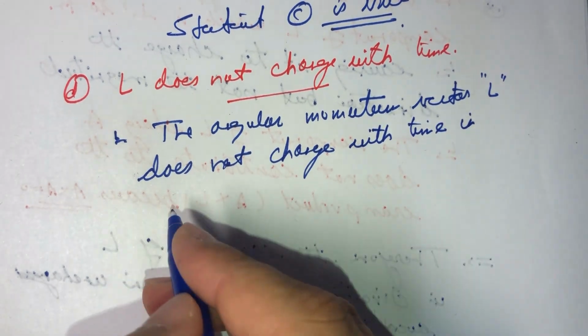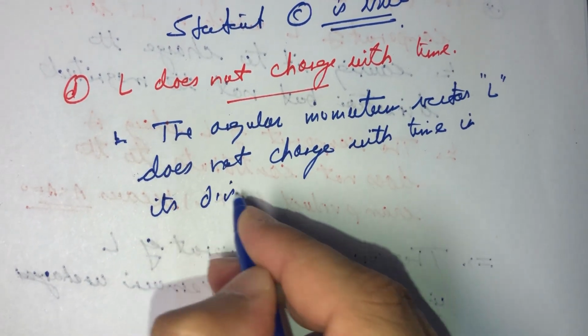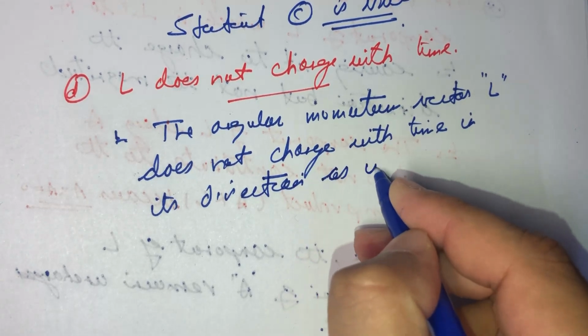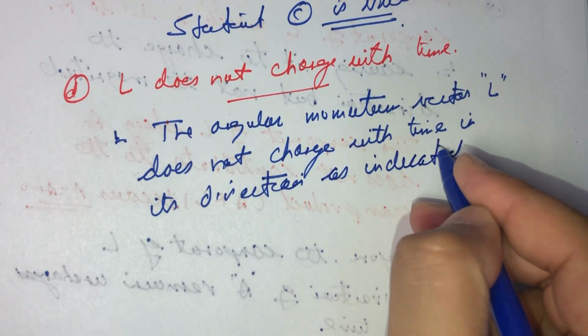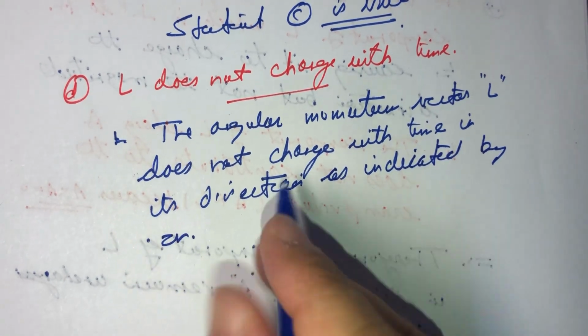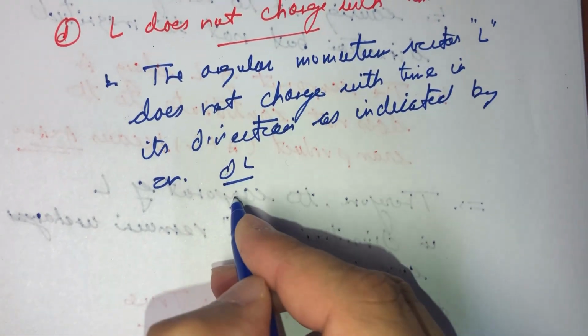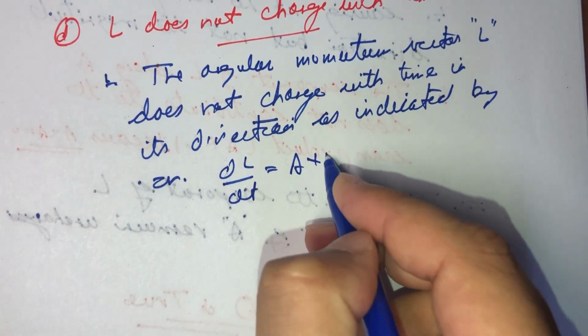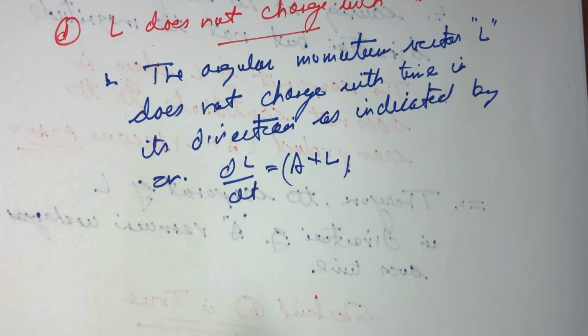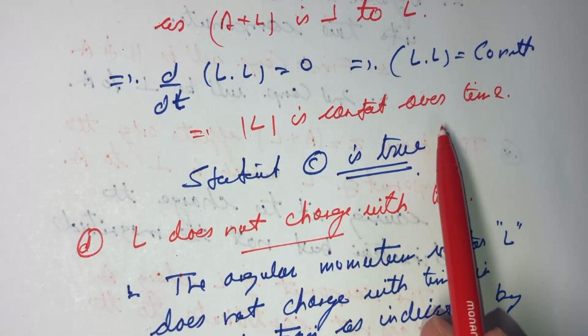Rather, in its direction, as indicated by the equation, and that equation is that dL upon dt is equal to A cross L. So what is going to happen while the magnitude is going to remain constant, as we already proved in part C?